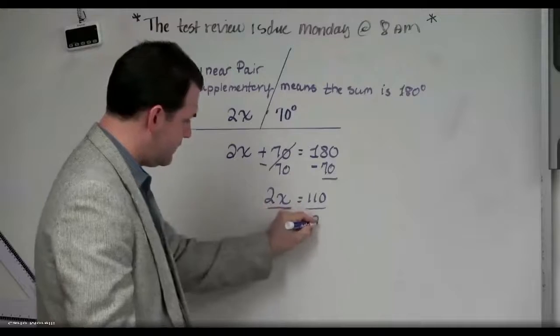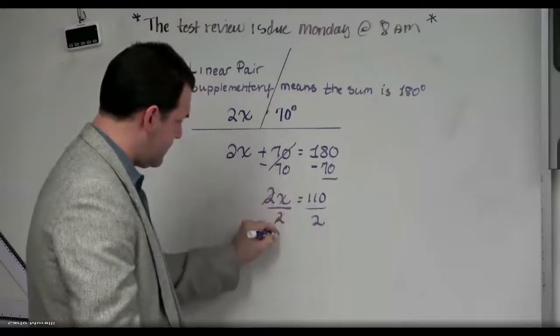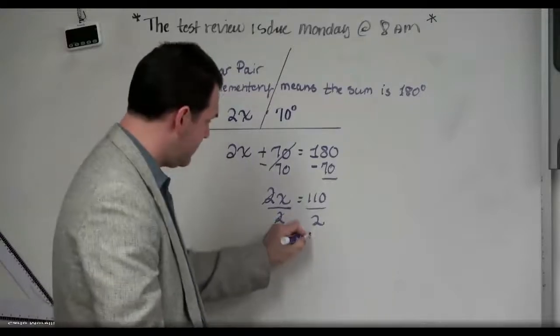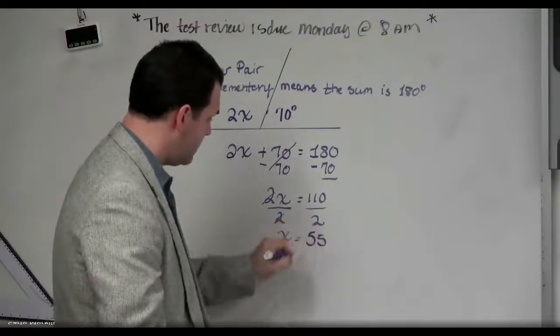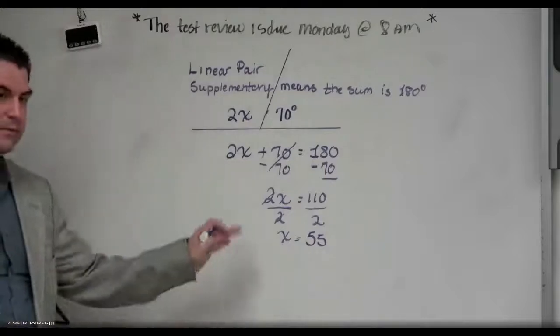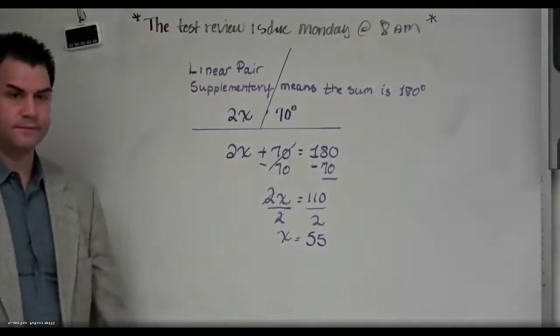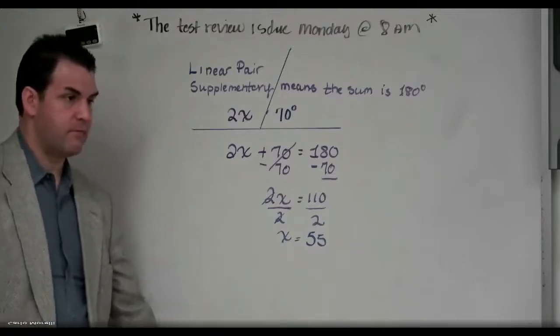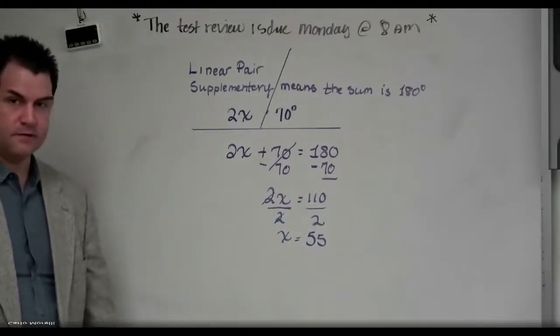So x equals 55. Very typical geometry problem. Was that hard? No.